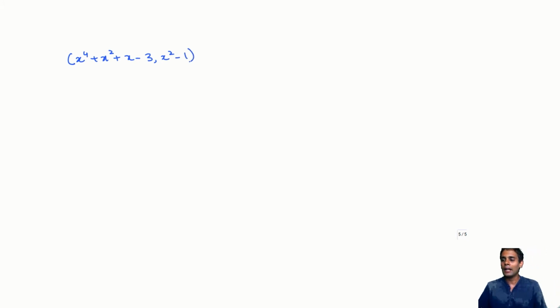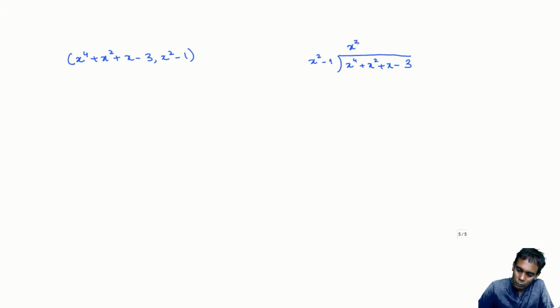So let's start with the ideal generated by x to the power 4 plus x squared plus x minus 3 and x squared minus 1. I want to know if I can reduce this to an ideal generated by a single element. So why does Euclid's division actually work? It's basically a long division algorithm which allows us to do it. So x to the power 4 plus x squared plus x minus 3. How many times does this go in? I can put x squared here and I get x squared times x squared minus 1, which is x to the power 4 minus x squared. So that cancels off and I get 2x squared plus x.